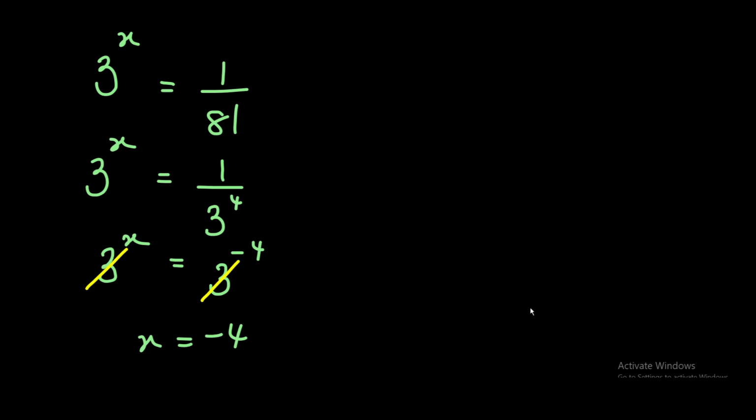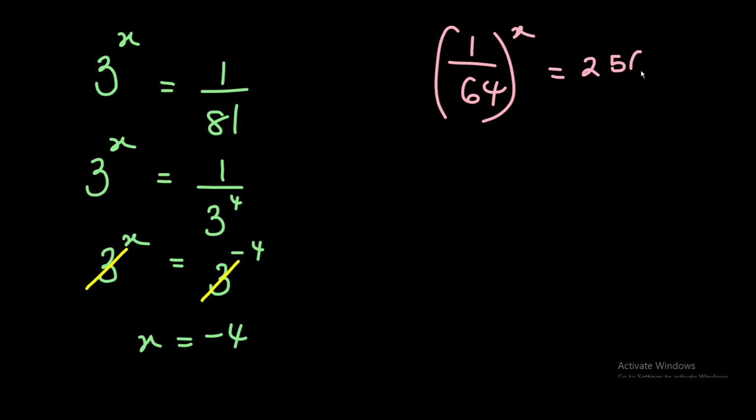So we just have to take one more question, and that's where we need to solve the equation (1 over 64) in brackets to the power of x equals 256. Now, I'm looking at this and thinking, what do 64 and 256 have in common when you take them in powers?